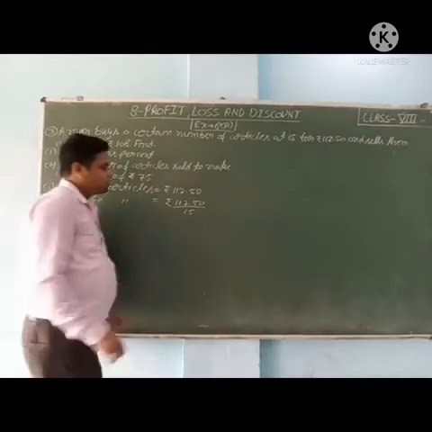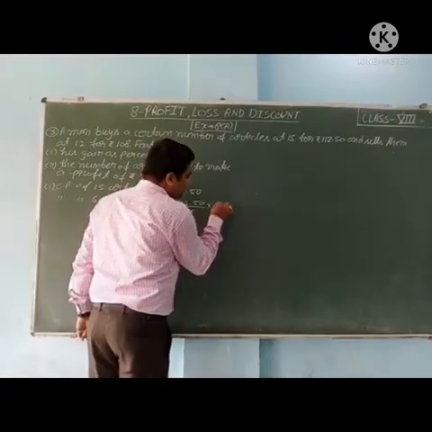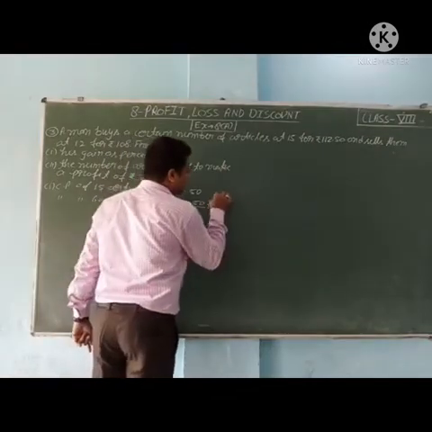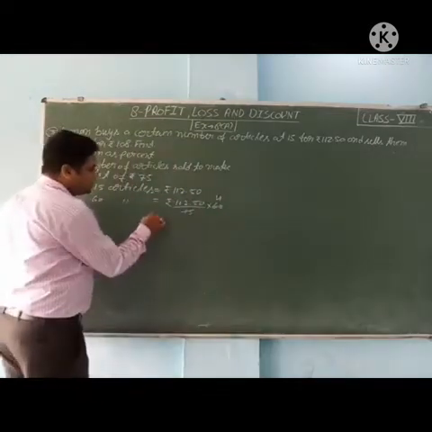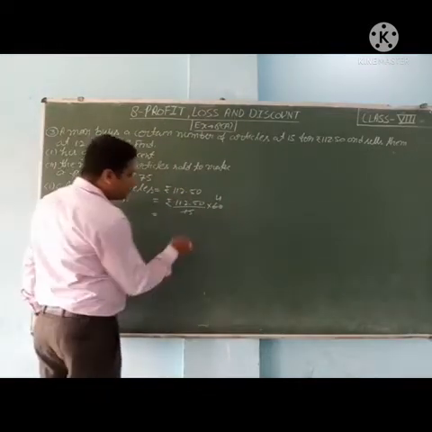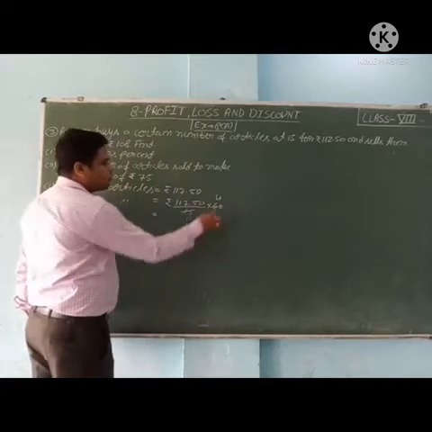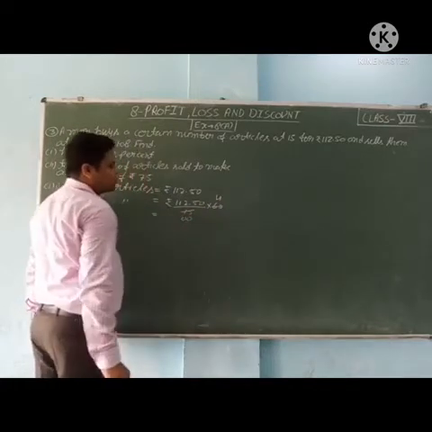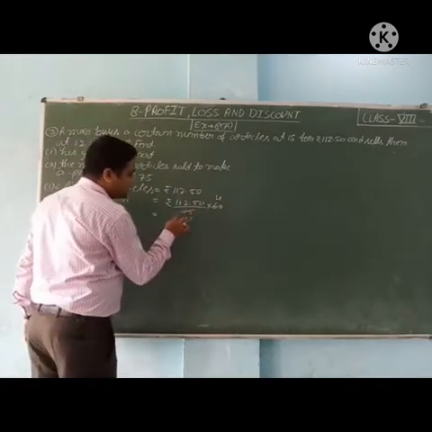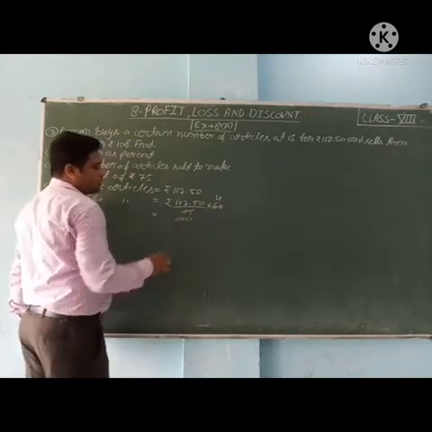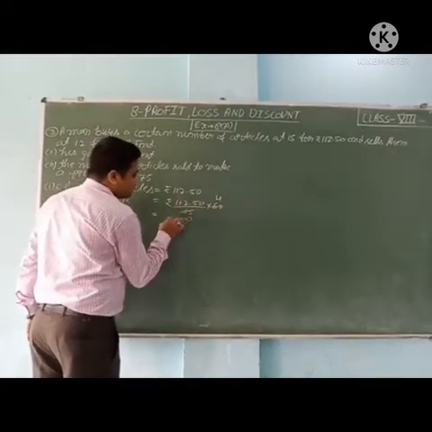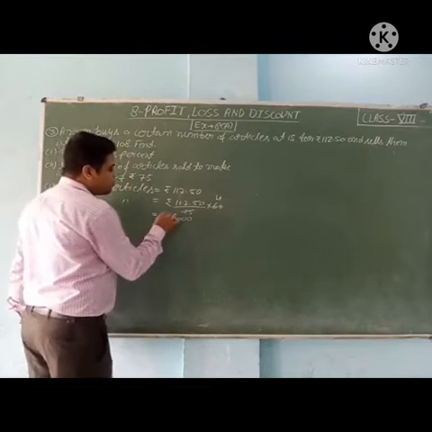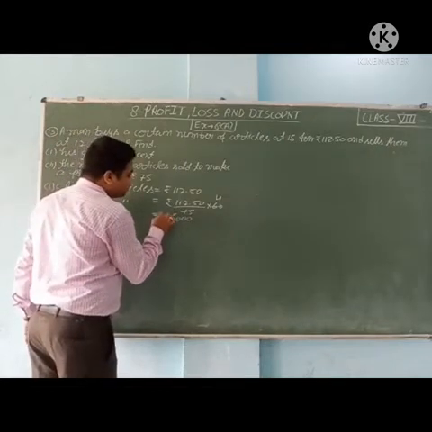Now CP of 60 articles: multiply by 60. So 15 times 60 is equal to: 4 zeros are 0, 4 5s are 20, carry 2, 4 2s are 8, 9, 10, 4 1s are 4, and 1, 5, 4 1s are 4.